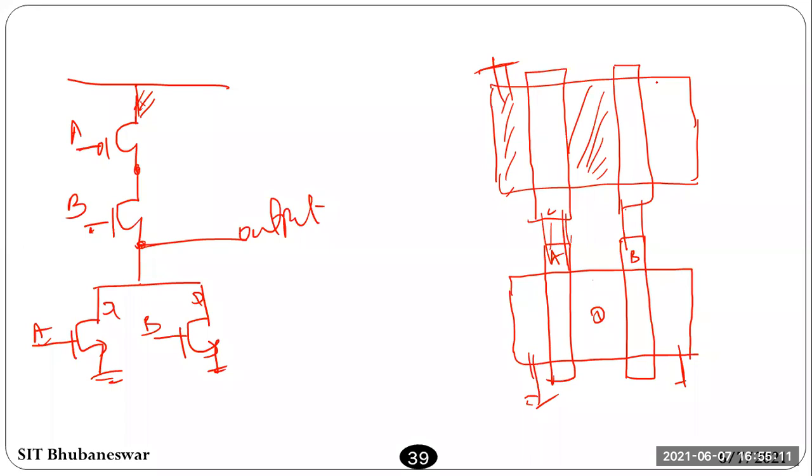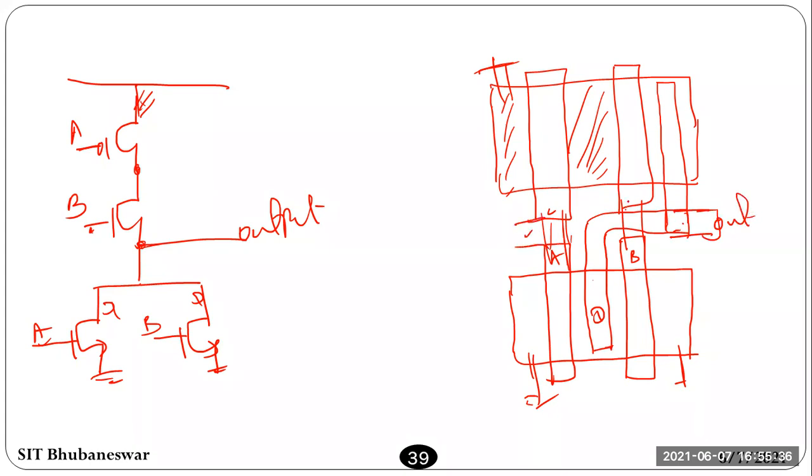So you will draw a metal like this. And this is also output. So then your metal will be like this. So this is your output. So here one input, here also one input.